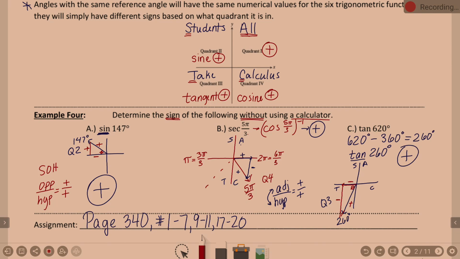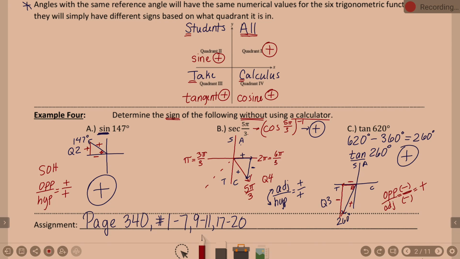Tangent is opposite over adjacent. Opposite over adjacent is negative divided by negative, but what's a negative divided by a negative? That's a positive, isn't it? I know that. I don't know if that makes it any better or not, but, okay?